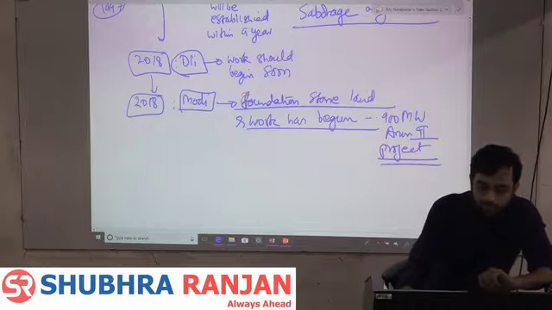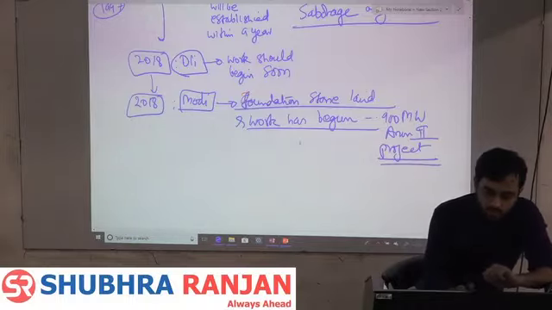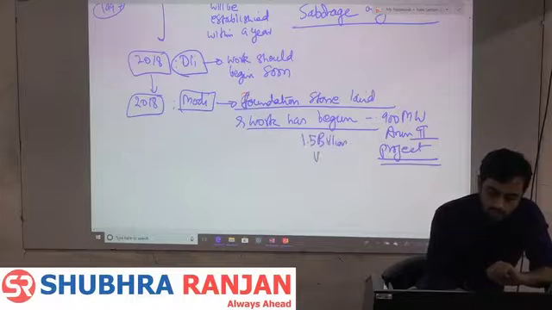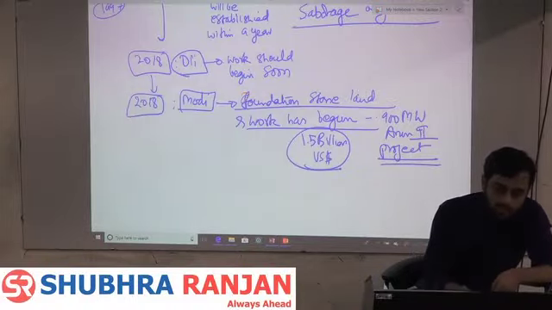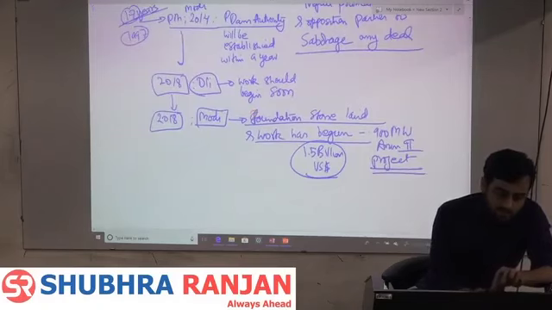Okay. And this is going to cost around 1.5 billion US dollars. The cost will be partly borne by India and partly borne by Nepal. And that's a positive development.